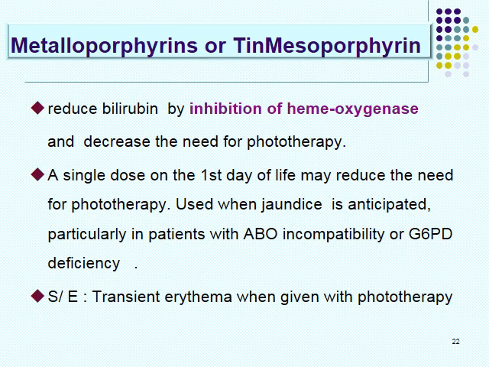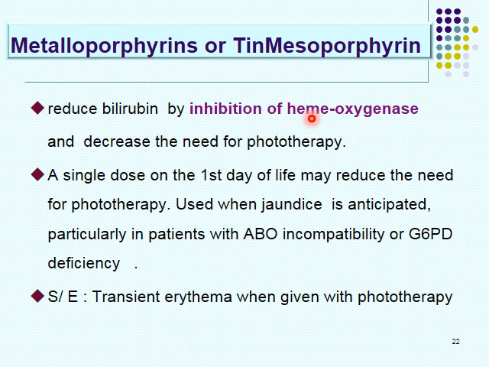Another treatment modality uses metalloporphyrin or tin-mesoporphyrin, which reduces bilirubin by inhibition of heme oxygenase. If you remember, in the metabolism, heme oxygenase will convert heme to biliverdin. So by inhibition of this heme oxygenase, there will be a decrease in the indirect bilirubin level.